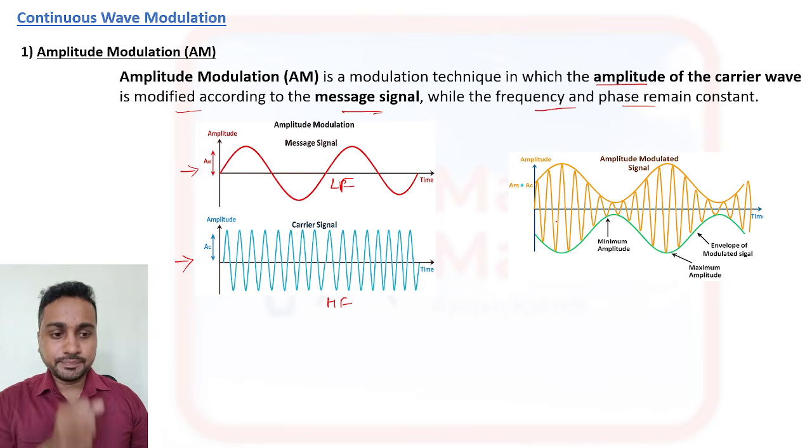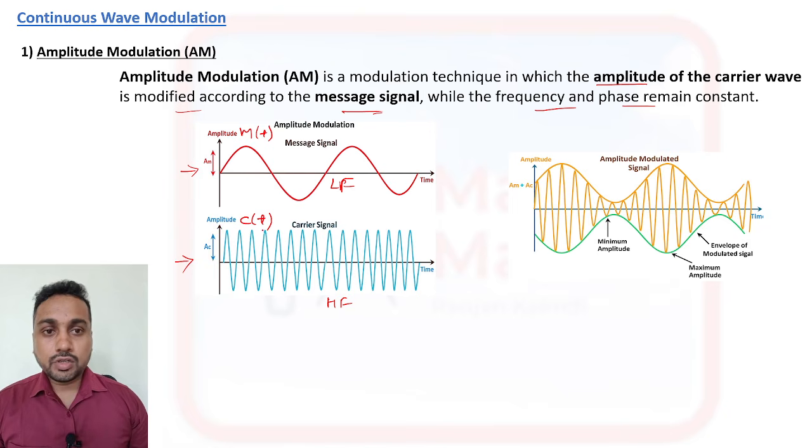This is the master signal, m of t; this is c of t, the carrier signal; and this is s of t, the modulated signal.